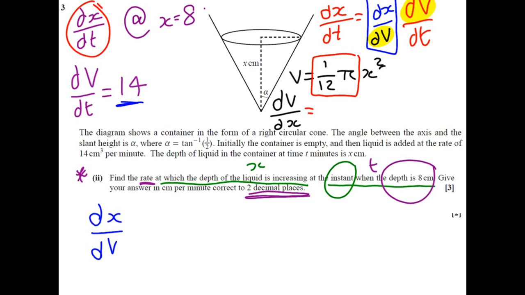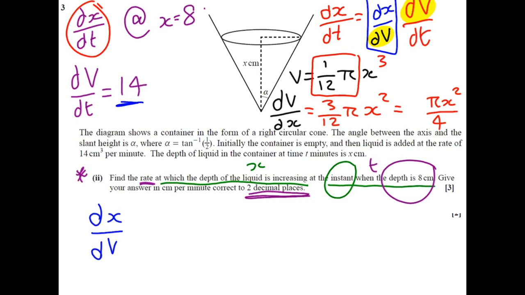If that was just a normal number, it's a Core 1 differentiation. Very, very simple. What you're going to do is times by the power, so you get 3 over 12 pi, and decrease the power. 3 over 12 is a quarter, so it's going to be a quarter pi x squared, or pi x squared over 4, which is going to be more useful for what we do now.